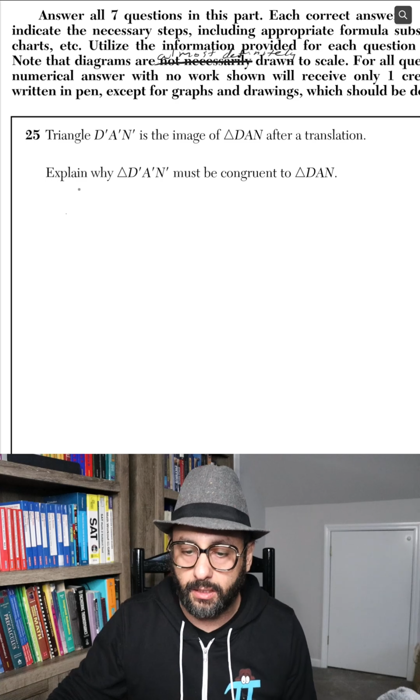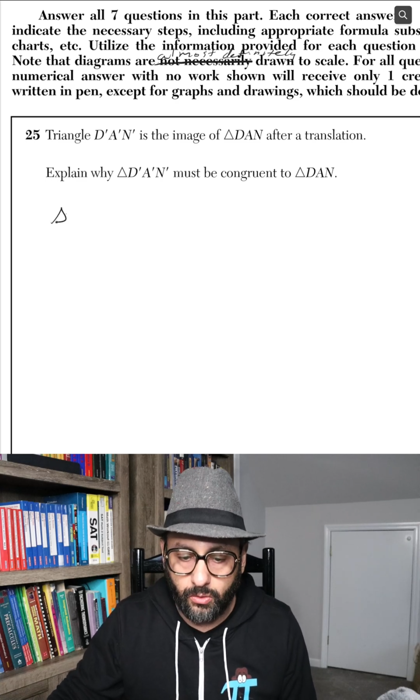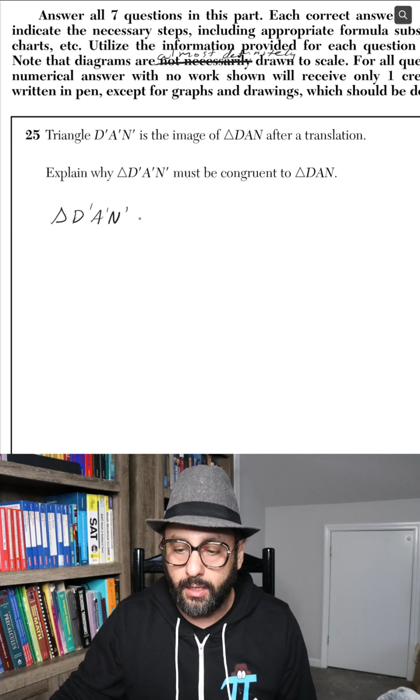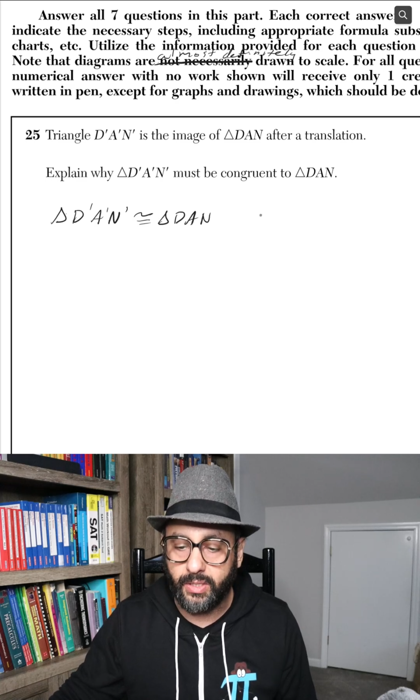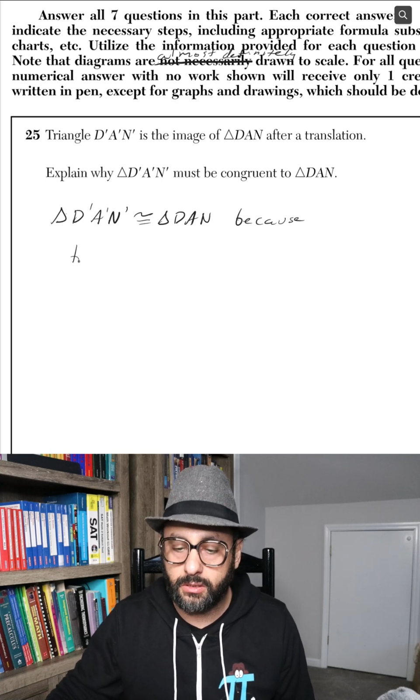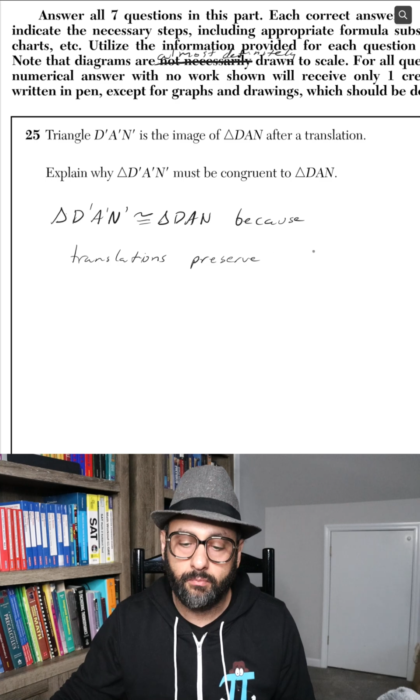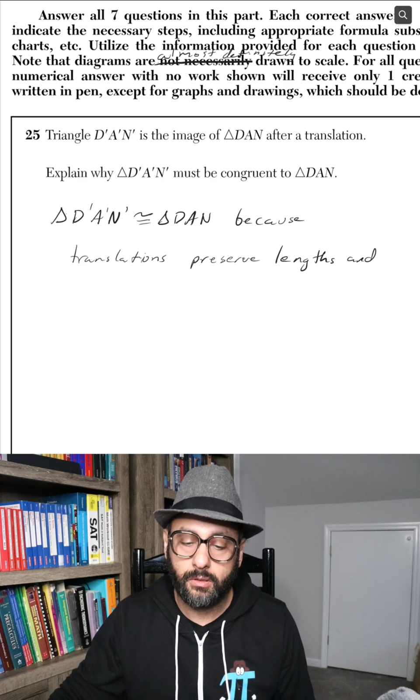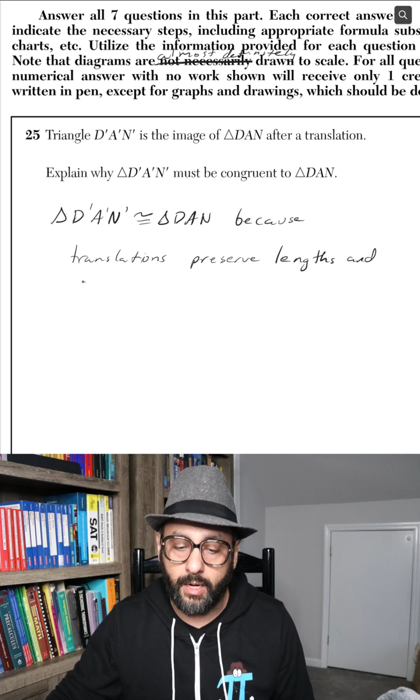So triangle D prime A prime N prime is congruent to triangle DAN because translations preserve lengths and angle measures.